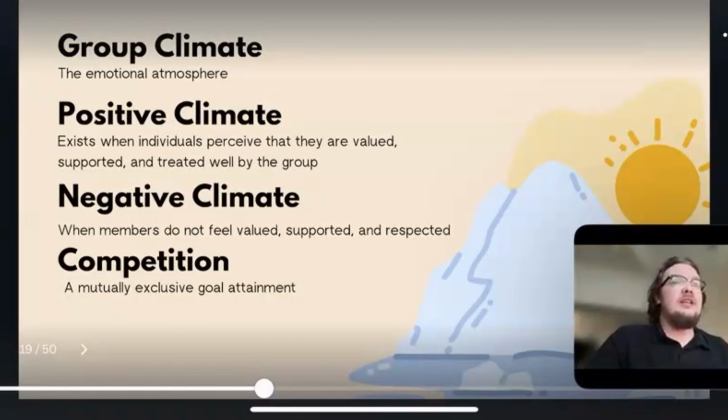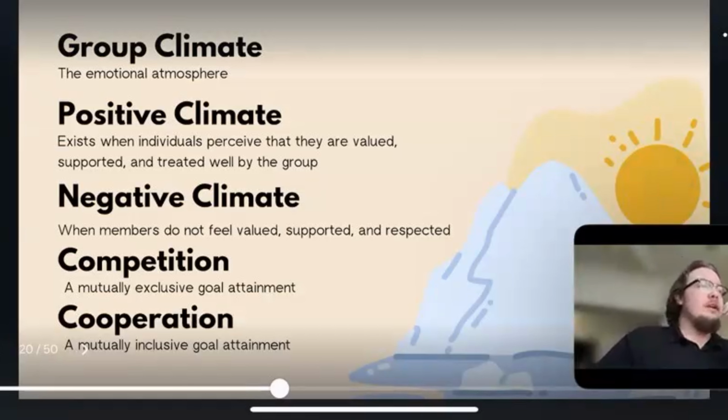So what we're looking at here is obviously in groups, especially in team groups, competition is bound to happen, right? You want to look good in front of your boss, you want to look good in front of your professor, so you're going to compete. That's understandable. But what I'm asking you, and what the book and the literature is asking you, is to put that at the wayside, lessen the competition, or change the competition in a different way. And we'll talk about that in a little bit.